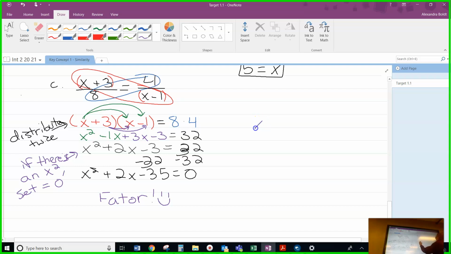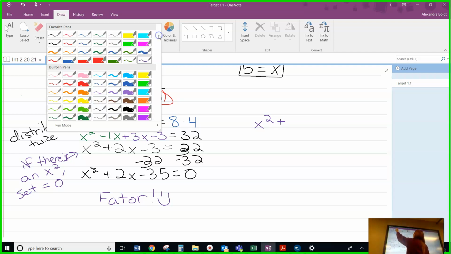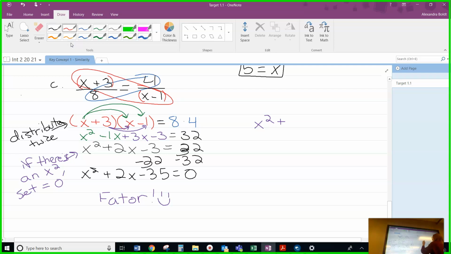Well, if I have x squared plus 2x, and then minus 35 equals 0.